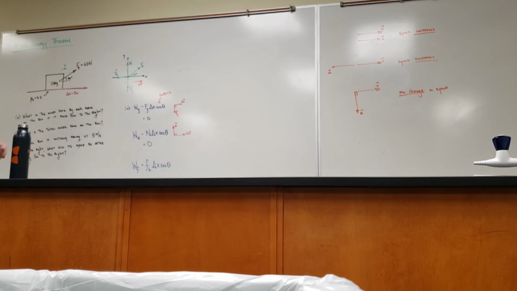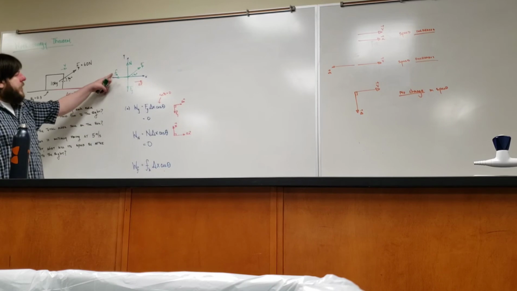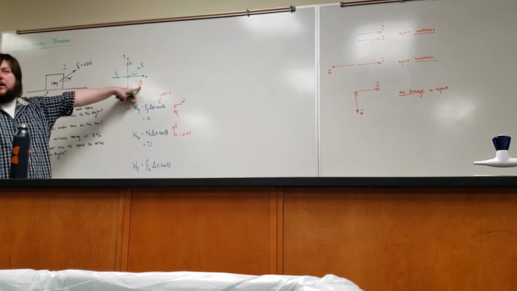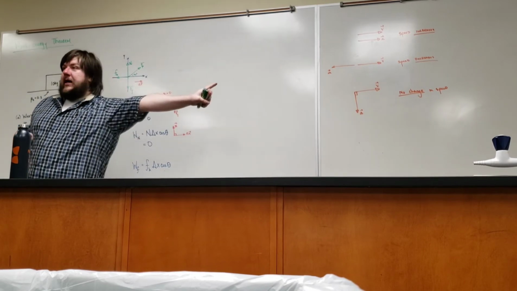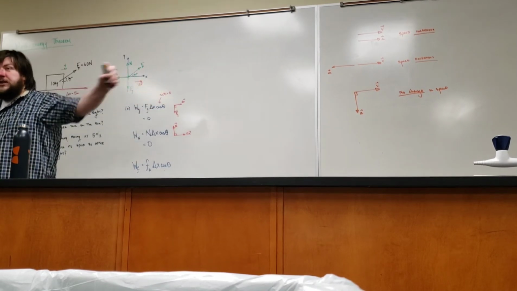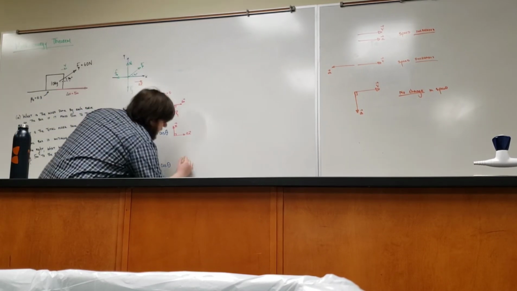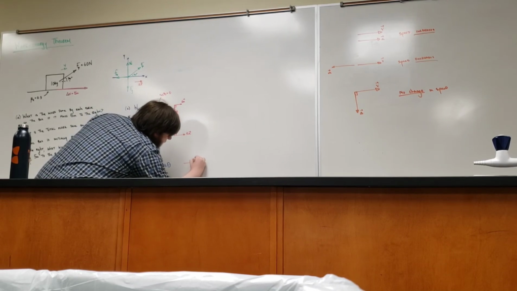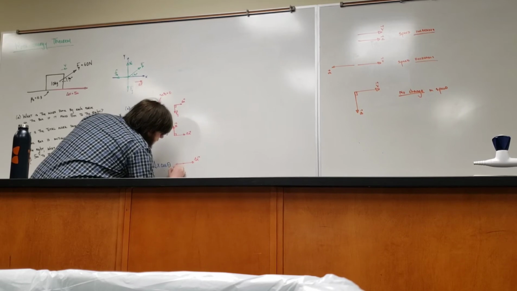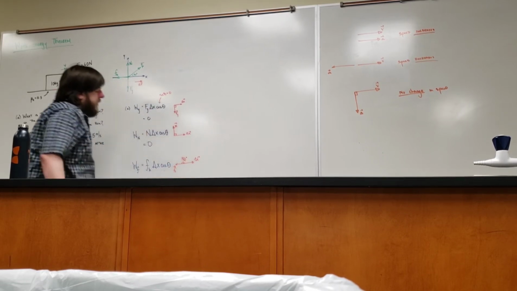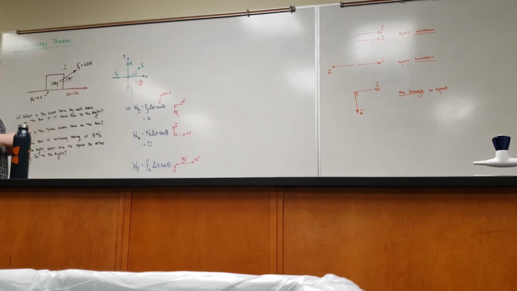What's the angle between the kinetic friction and the displacement? 180. The displacement, delta x, is to the right and kinetic friction is to the left, so the angle between them is 180 degrees. Okay?